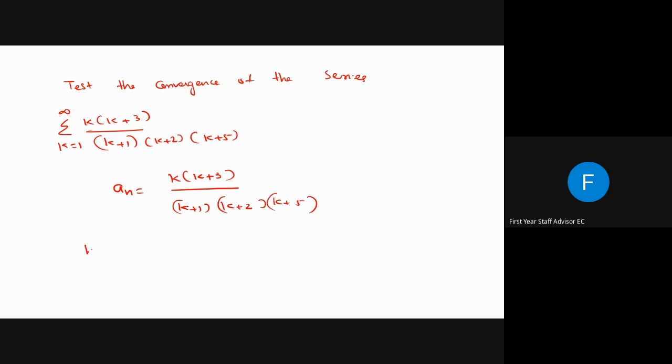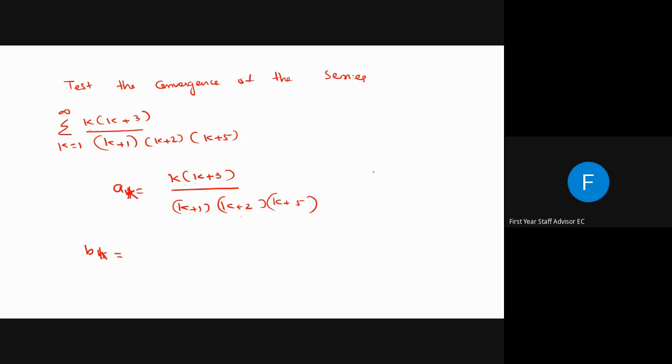Here k is the variable, so ak is the given series. Here bk is the degree of the denominator minus the degree of the numerator. Here the degree of the denominator is 3, because k into k into k, that's the biggest degree.